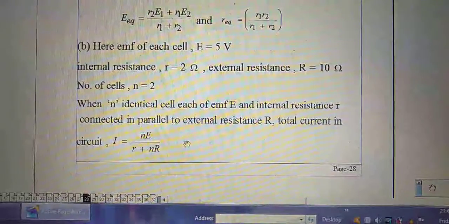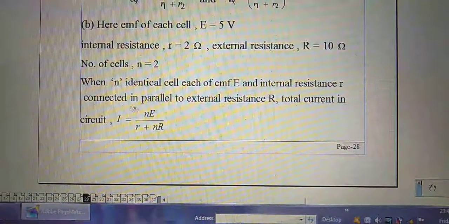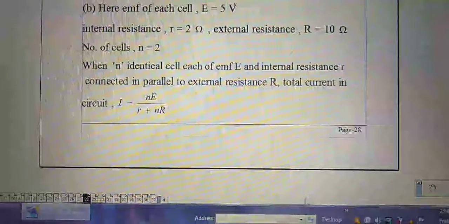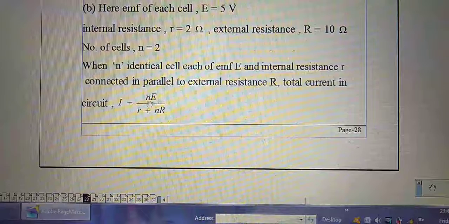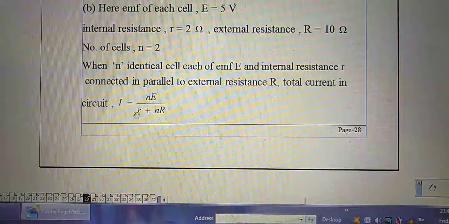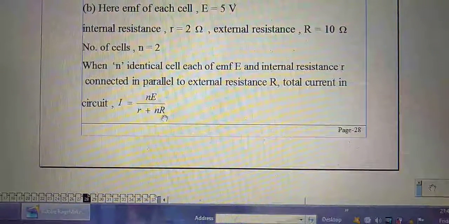Two identical cells. When n number of cells are connected in parallel to an external resistance, then the total current is I equal to nE divided by (small r plus n capital R). Here small r is the internal resistance and capital R is the external resistance.